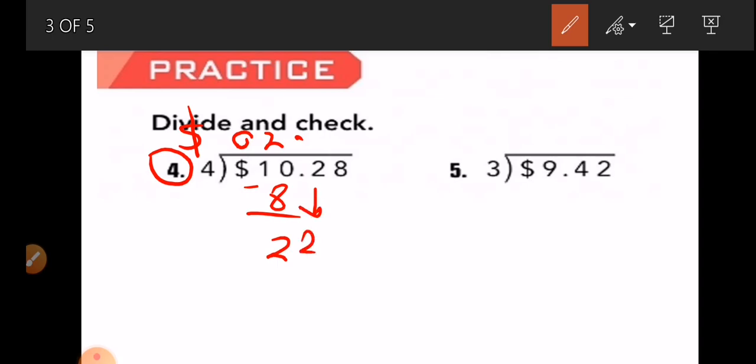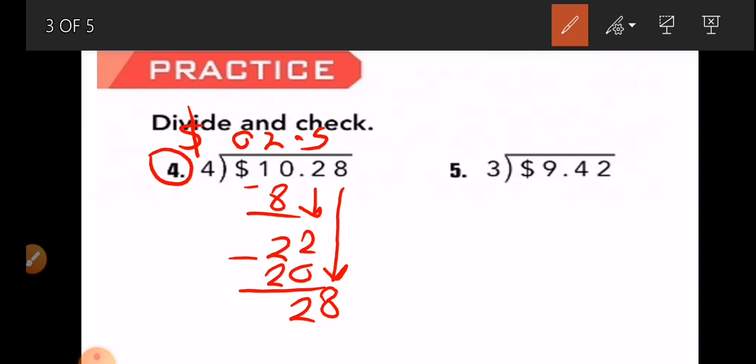Now I have 22 divided by 4. What is the nearest answer in the multiplication? What multiplied by 4 will give you a number near 22? Yes, 5. Correct. 5 times 4 will give me 20. Subtract, I will have 2. 2 is less than 4, so we can bring down the 8.